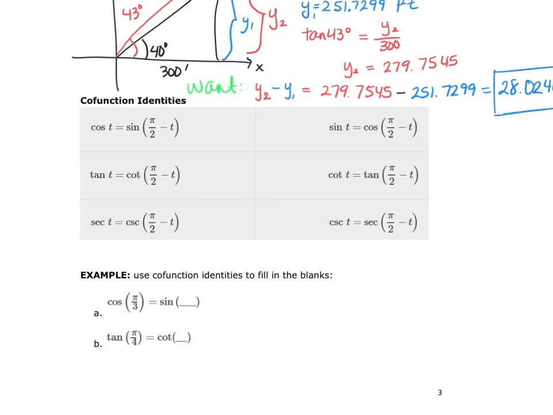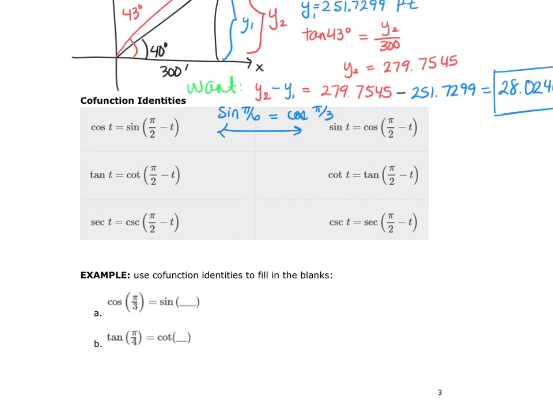What are cofunction identities? Here's the gist of it. The cosine of the angle is the same value as if I took the sine of the angle and subtracted it from pi over 2 or 90 degrees. So in other words, if I want to know the sine of pi over 6, it's going to give me the same answer as the cosine of pi over 3.